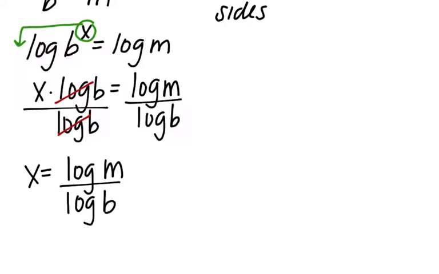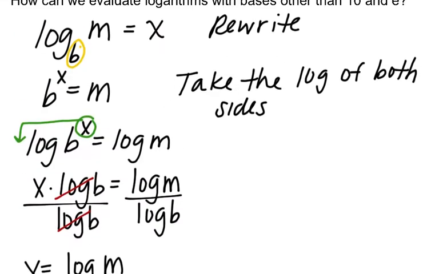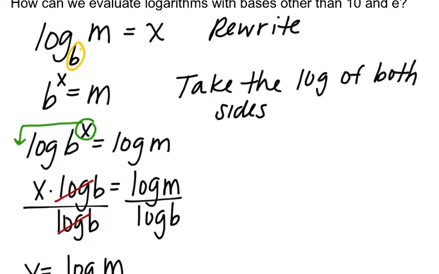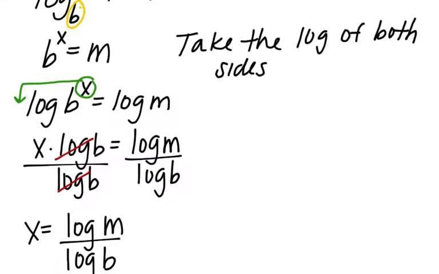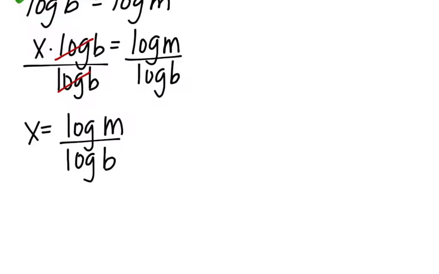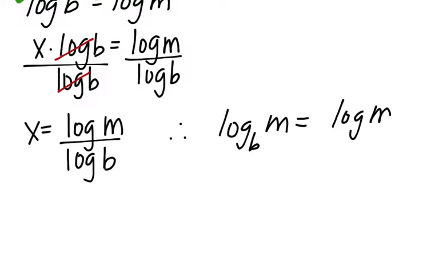So now go back to the very beginning. What were we trying to find? x was log base b of m. So what we have just concluded is that log base b of m is actually equivalent to log of m divided by the log of b.